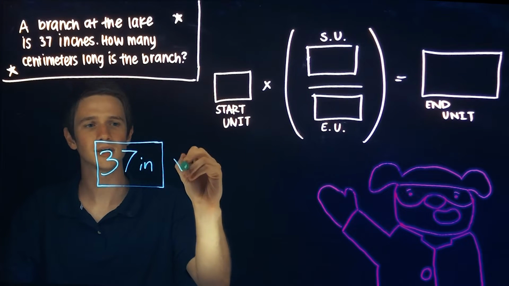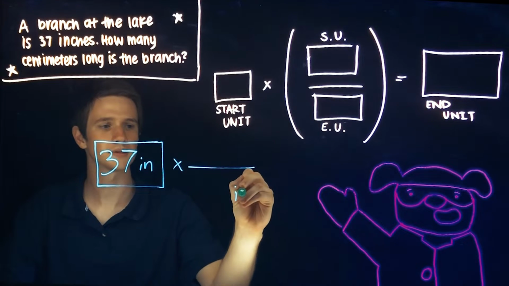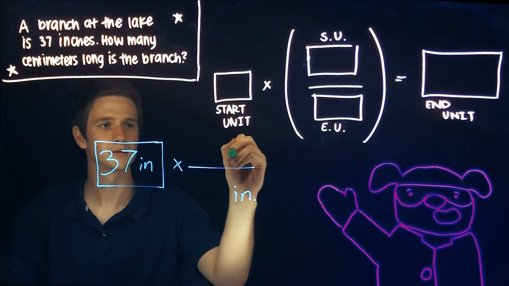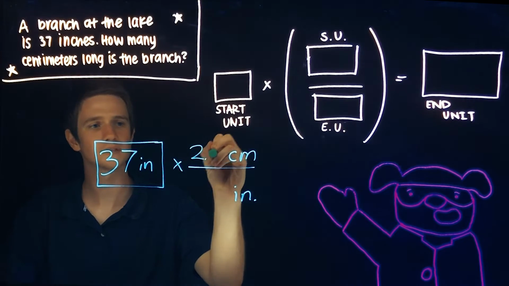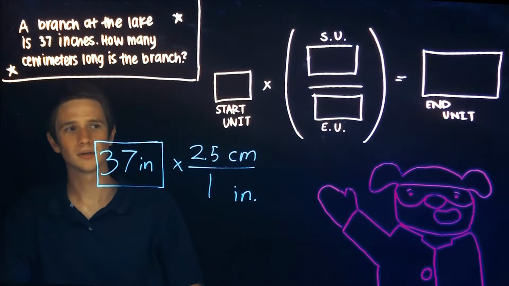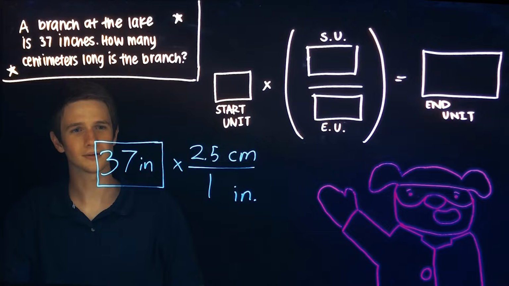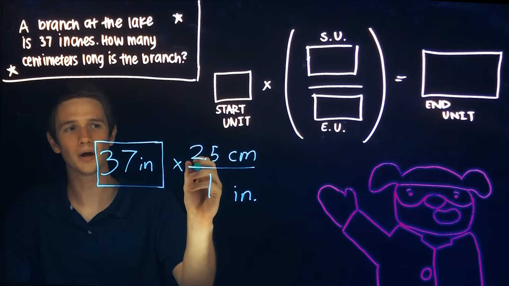So we've got to change it from inches, that's our starting unit again, to centimeters. There are 2.5 centimeters in 1 inch. 1 inch and 2.5 centimeters are equal to each other, so it's like we're multiplying 37 inches by 1.